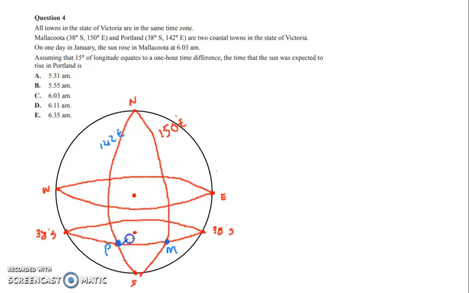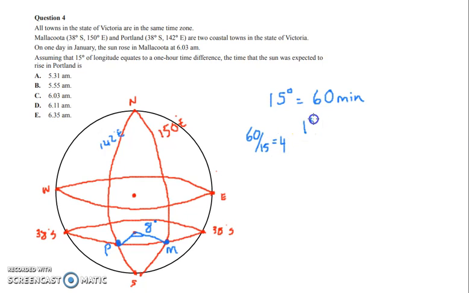So the difference between these two places is a longitude of 8 degrees. So we can place in 8 degrees. From the question, we know that 15 degrees equates to 1 hour. I'm going to write this down, 1 hour as 60 minutes. Then we can work out how many minutes it takes per single degree. To calculate that, we go 60 divided by 15, which equals 4.